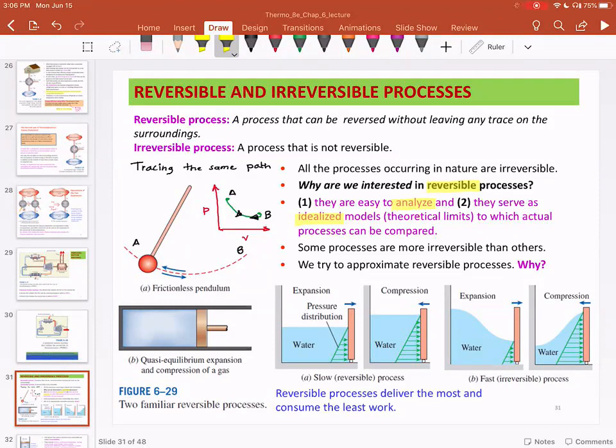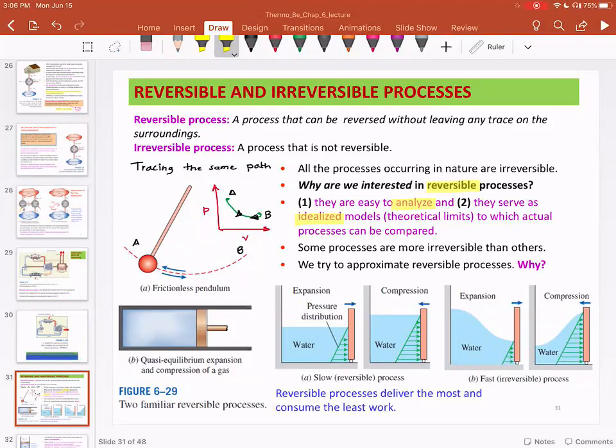Fast processes, the processes that happen relatively quickly, are irreversible processes. And the reversible processes are obviously more efficient than irreversible processes. In other words, if you have a reversible compression process, the amount of work that is needed to perform the compression would be least.